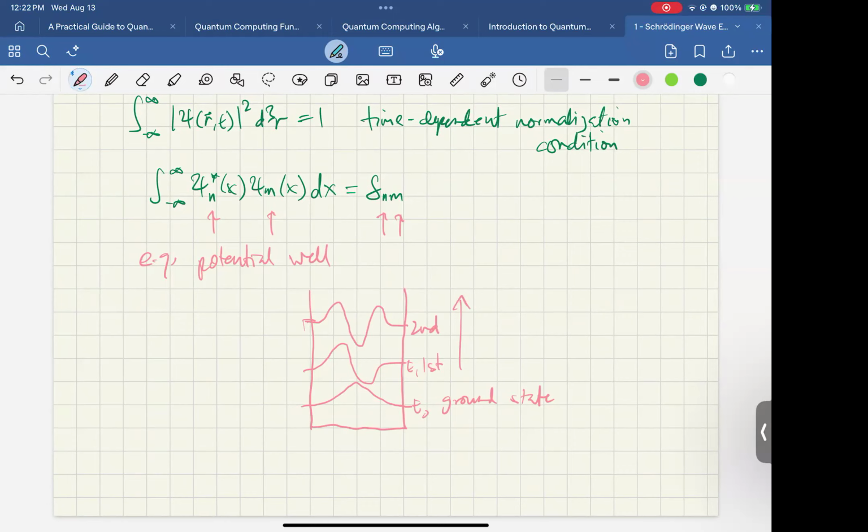So lahat ng nasa taas, ang tawag na dyan ay excited states. Anong ibig sabihin yan? Ang ibig sabihin yan that if you have an electron trapped in the potential well, it has all of these states. What do I mean when it has all of these states? These are all the possible states that an electron can have.